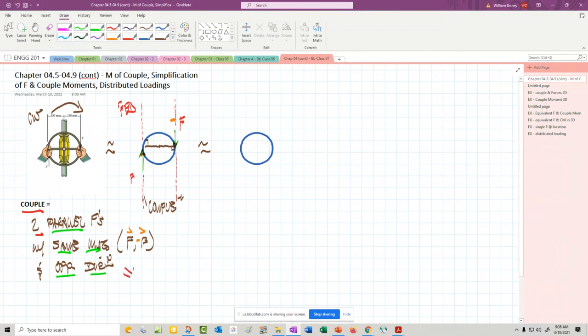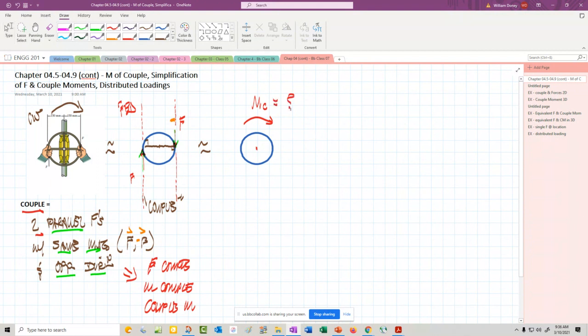We can also refer to it as a moment couple, because it's going to produce a moment, or a couple moment. And the intent of this is to try to create a moment, make it moment C, about the origin.